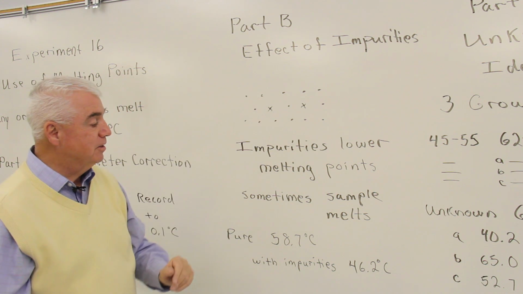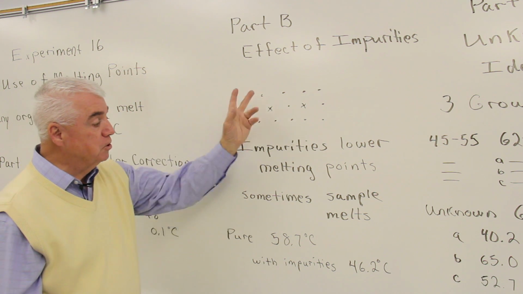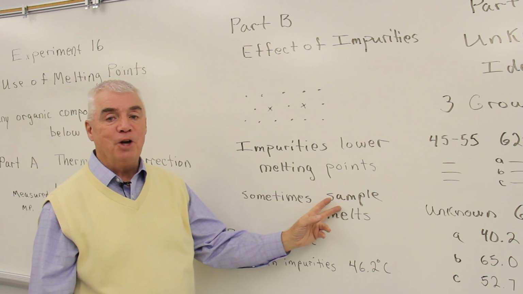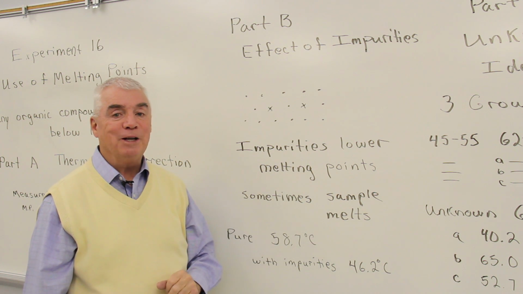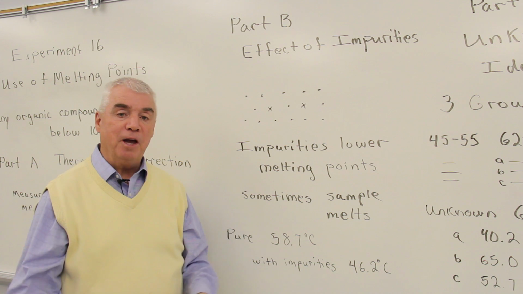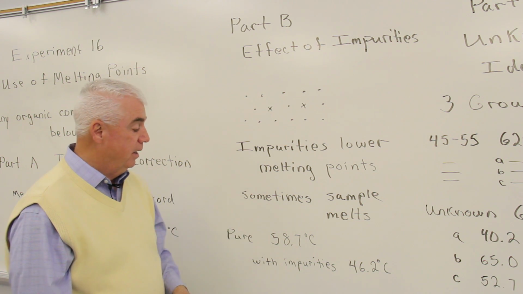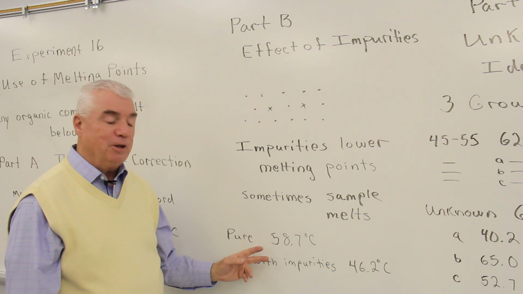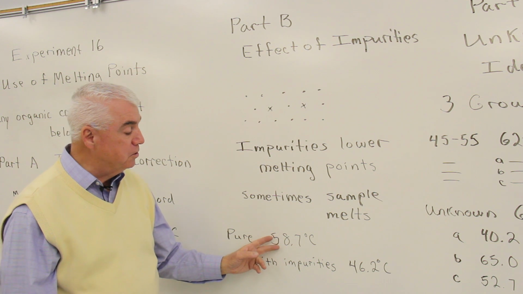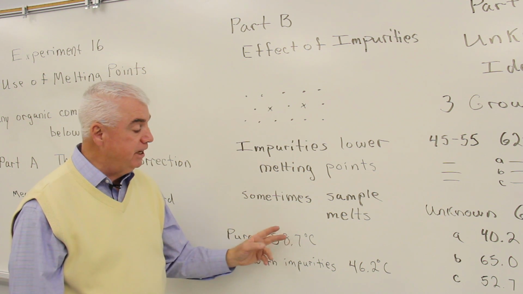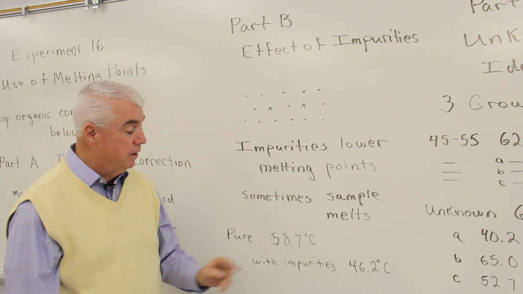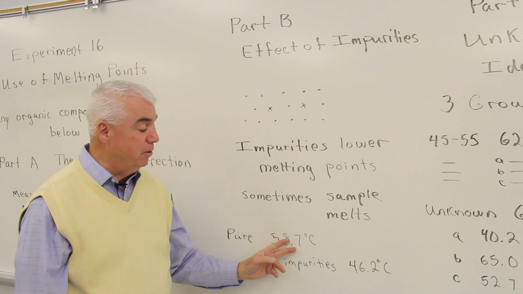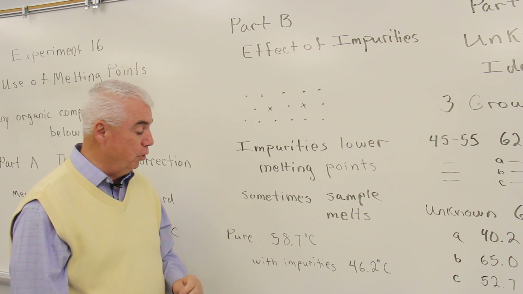Well, that's a very simple view of what happens, but sometimes melting points of solids are lowered so much by an impurity that the sample actually melts. Here's some typical data. If I had a pure substance that had a melting point of 58.7 degrees, recording the value to the 10th is what you should do.